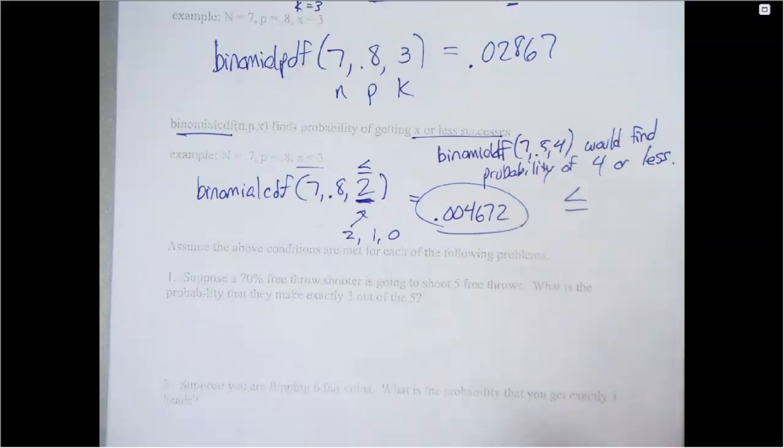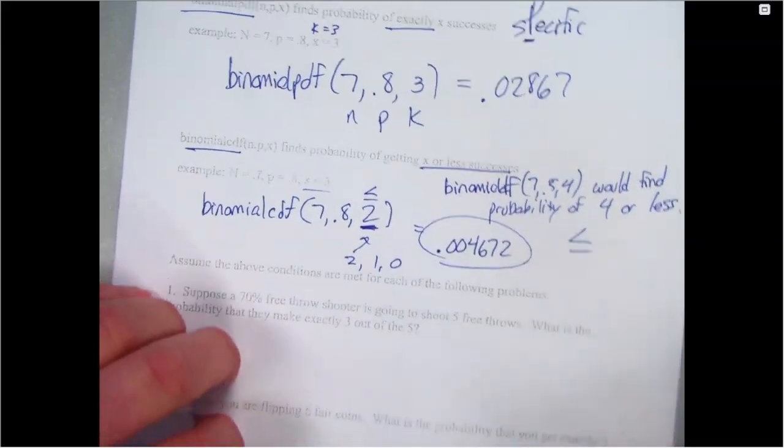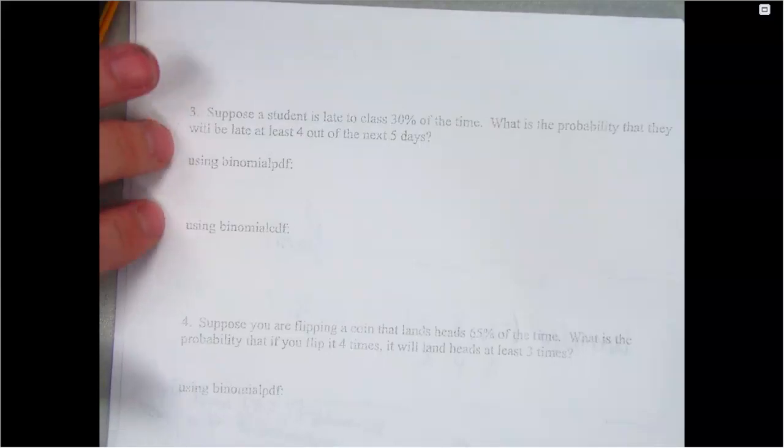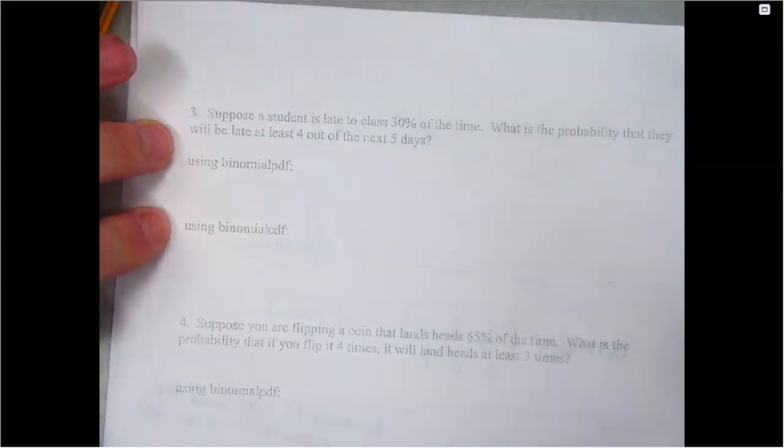So let's look at a couple others. I'm going to skip those 2 there. Let's look at number 3. You don't ever actually have to do the problem both ways, PDF and CDF. I'm just putting them there so you can kind of look at, if I were doing this way, what would I do?